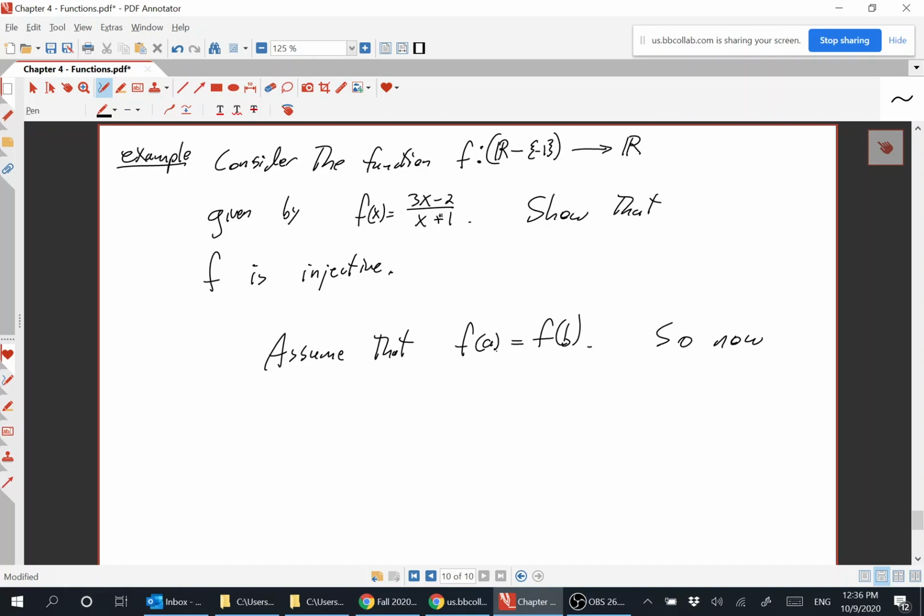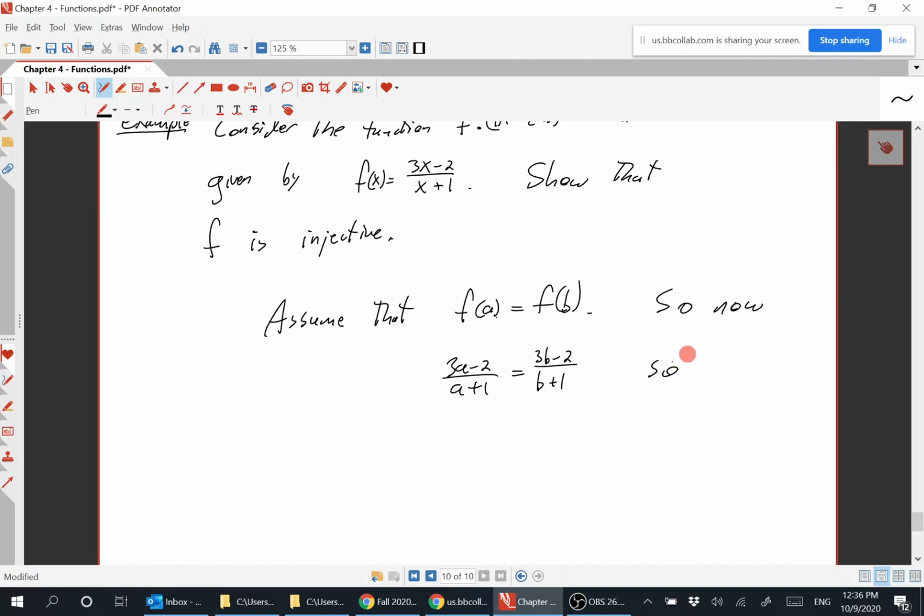Go to pre-calculus mode now. Okay, now that we've done the template, go to pre-calculus mode. 3a minus 2 over a plus 1 equals, what's f of b? 3b minus 2 over b plus 1. Yeah.